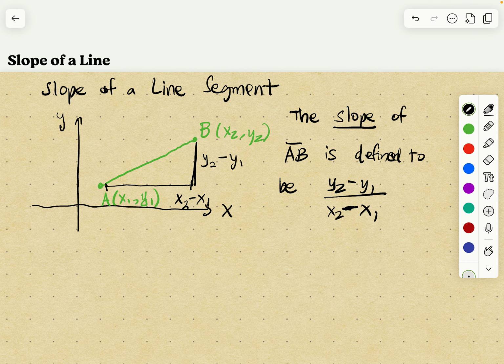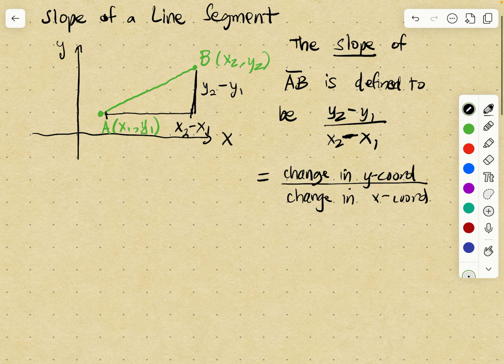So y2 minus y1 is the change in the y coordinate, and x2 minus x1 is the change in the x coordinate. You're dividing the change in the y coordinate by the change in the x coordinate.